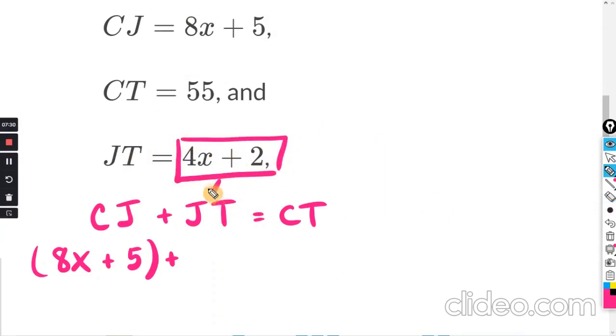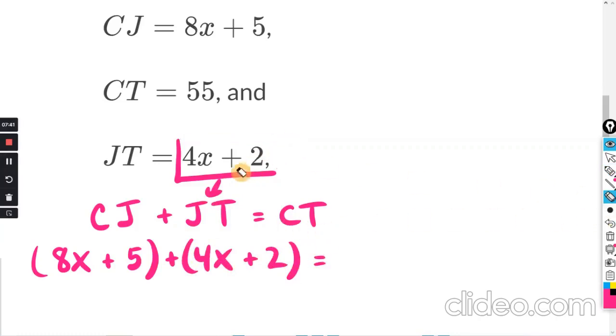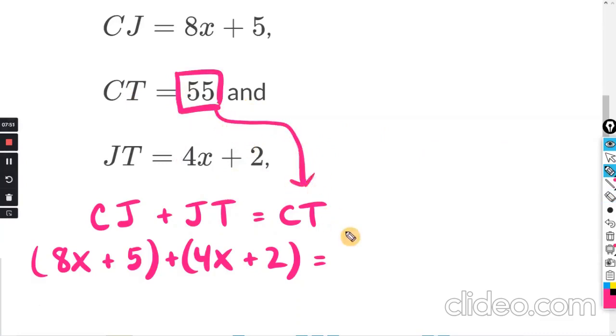So you plug in 4x plus 2 in place of JT. And that equals CT. So finally, we find CT. CT equals 55. Just ignore the "and." CT is 55.